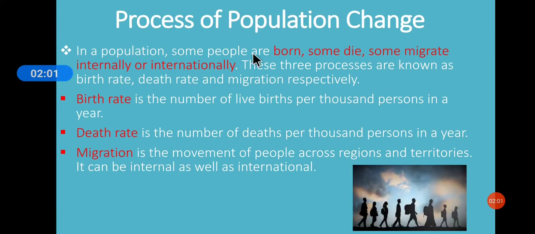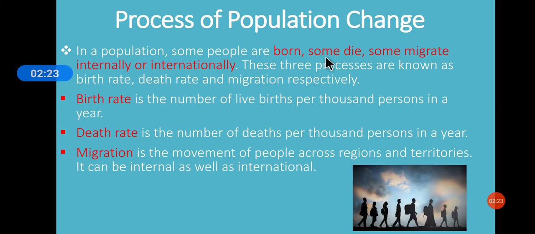Next, process of population change. How does population change in a particular region or in a whole country? In a population, some people are born, some die, some migrate internally or internationally. People are born every day.